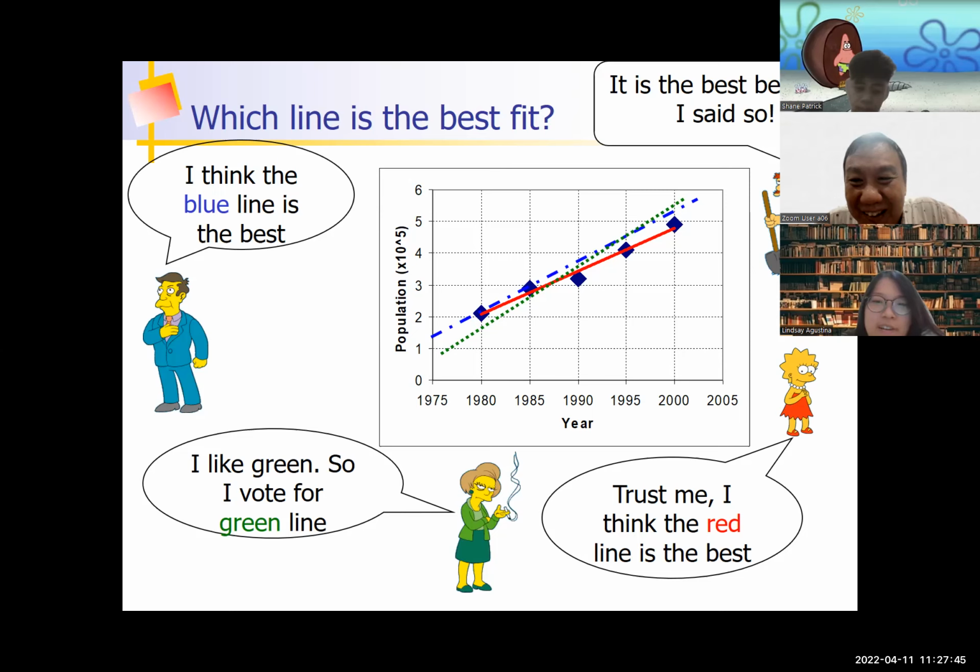I think the green or the blue one is better than red, but I don't know which one is the correct one, the best fit one. Oh. Anyone else? Which one is the best for you? You like green. Why, Josephine, do you like green? Why?